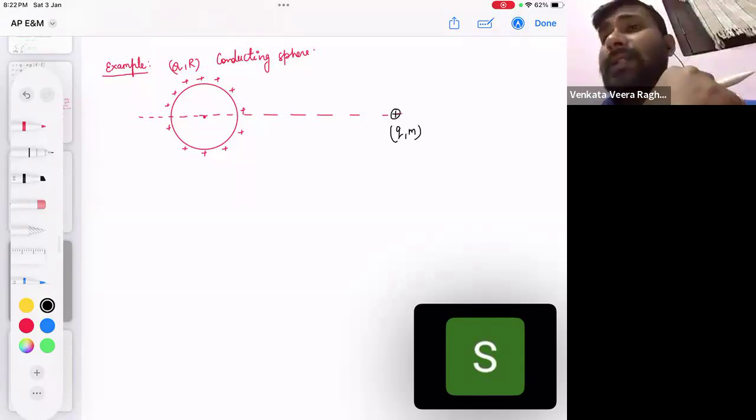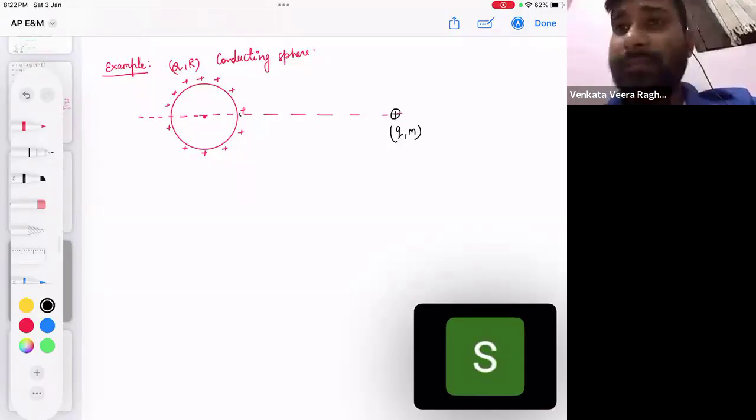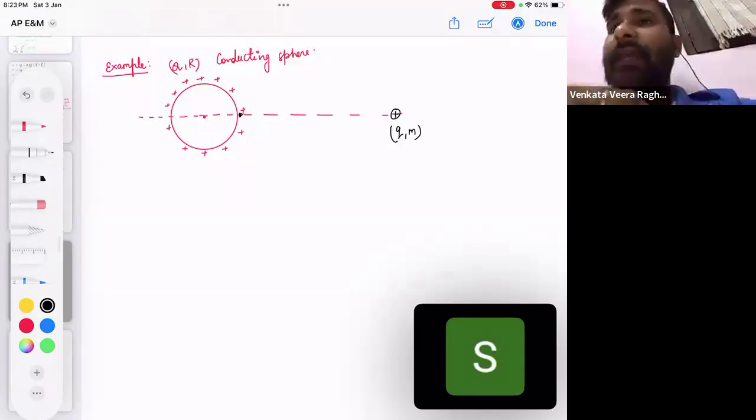Please tell, do you understand this question? The question says that if I want this charged particle to reach this point, then what do I have to do? Do I have to provide some minimum velocity so that it will be able to reach it?